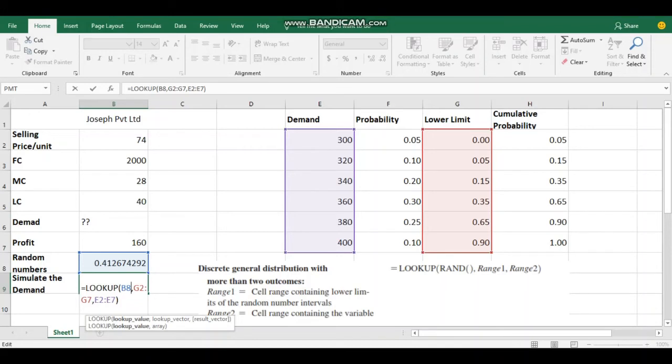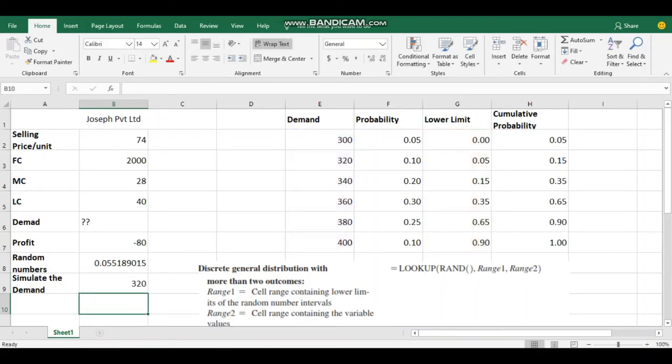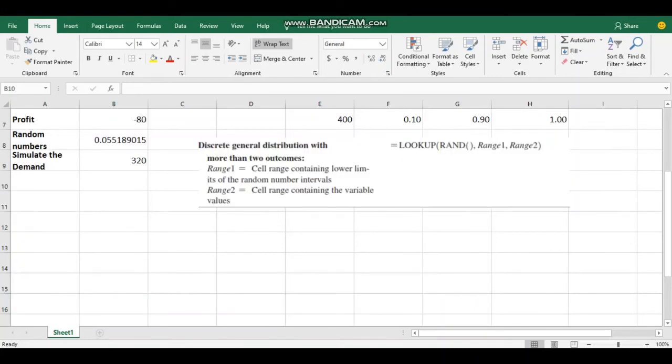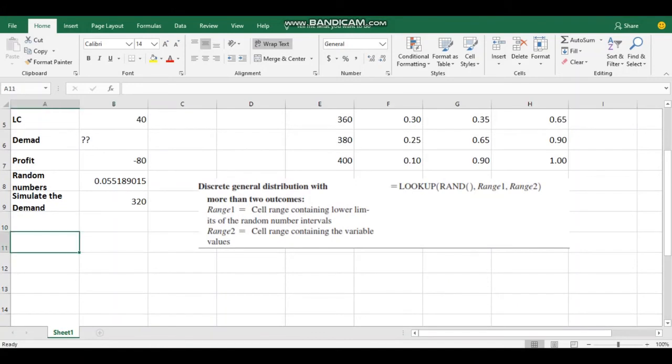Now once you have done this, you can generate 10,000 iterations. Let us do that. How do we do it? It's very simple. Our ultimate motive is to see what profit we are going to make with the simulated demand. So once again, I am taking the profit cell here.